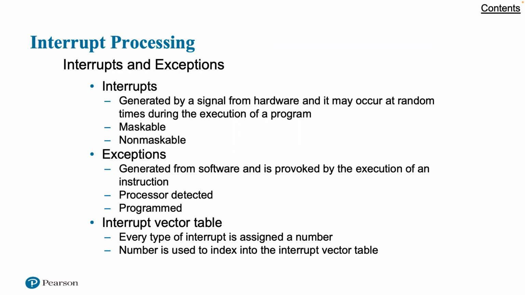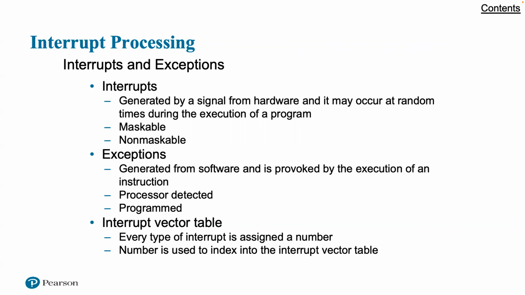In both cases, the processor saves the condition of the current process and transfers to the predefined routine to service the condition. An interrupt is generated by a signal from hardware, and it may occur at random times during the execution of a program. An exception is generated from software, and it is provoked by the execution of an instruction.